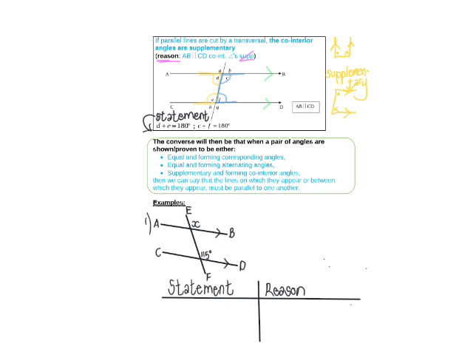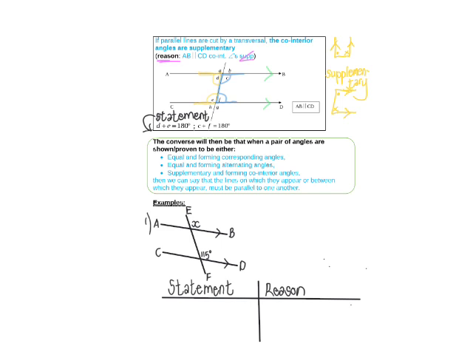Supplementary as in add up to 180. Then we can say as a converse that the lines between which they are situated would be parallel to one another. Okay, that's what this little block says over here.